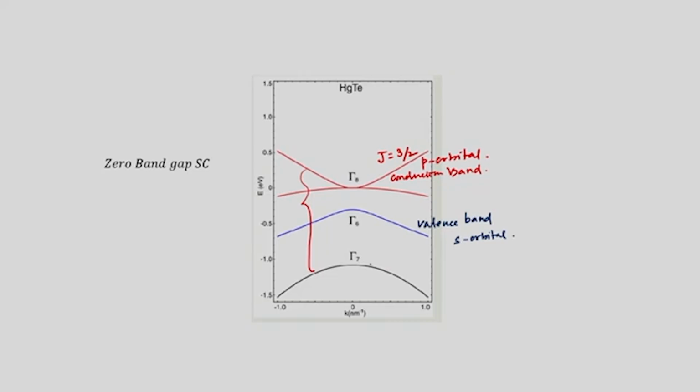So, this is called an inverted structure, and this inverted structure actually is important. Gamma 7 and gamma 8 are SO split bands, and the whole dispersion is shown near this point, which is called the gamma point. So, this is the center of the BZ.